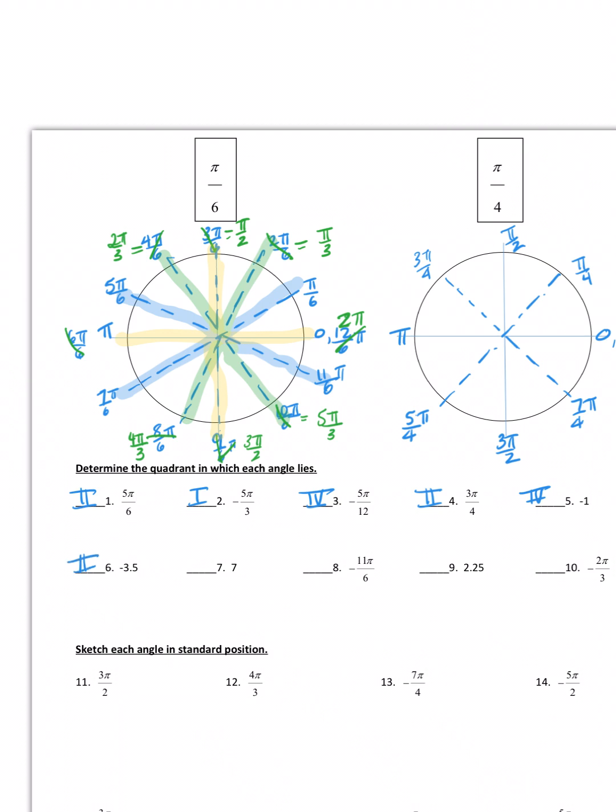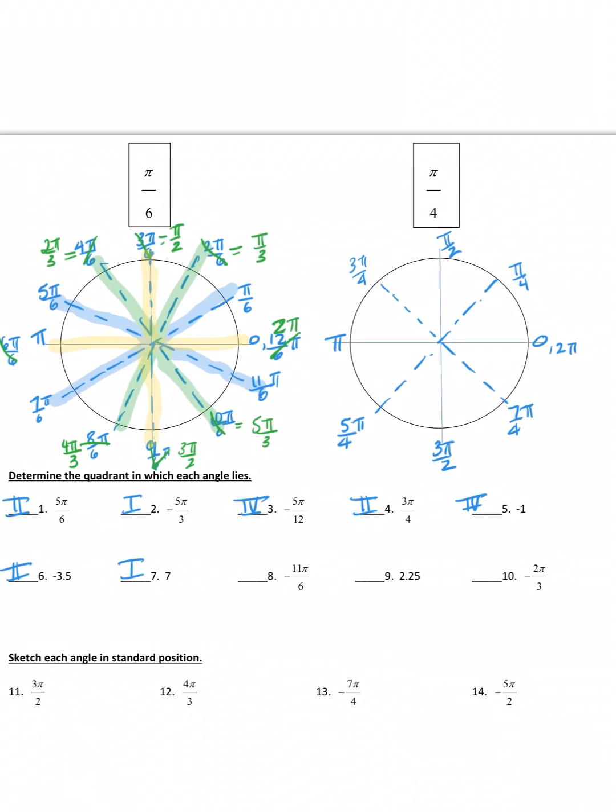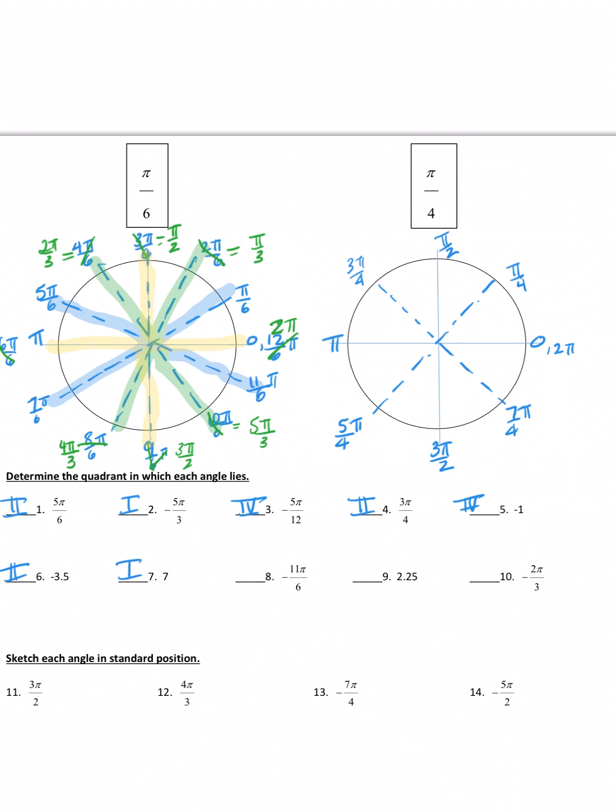Ooh, 7 radians. How many radians is a full circle? 6.28. So where would 7 land us? Quadrant 1. Negative 11 pi over 6. Positive 11 pi over 6 is over here in quadrant 4. Fold it over.